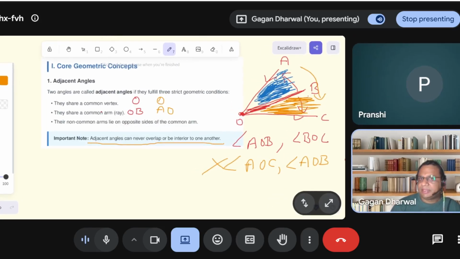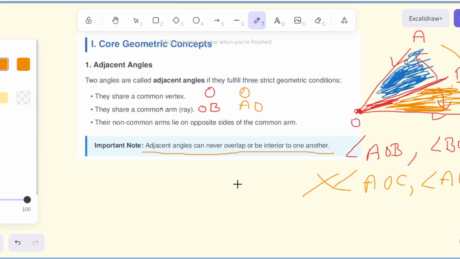So that's what adjacent angles are. They should have the same vertex, one common arm, and no overlapping areas. Or you can say that the non-common arms should be on opposite sides of the common arm. That was the case in the first set of angles.